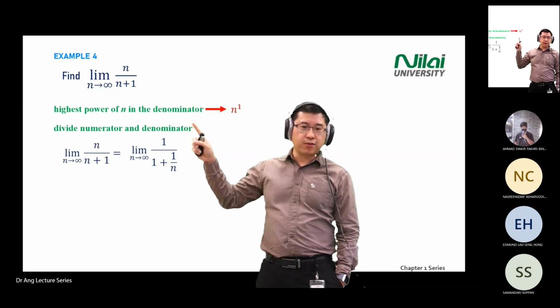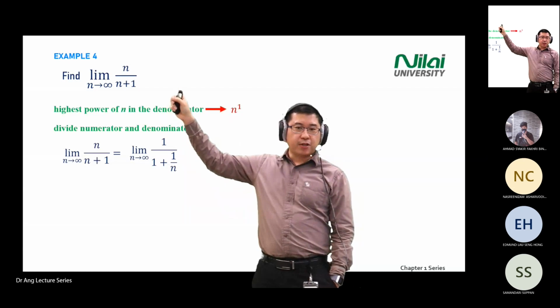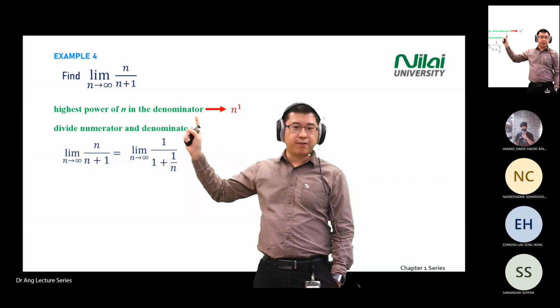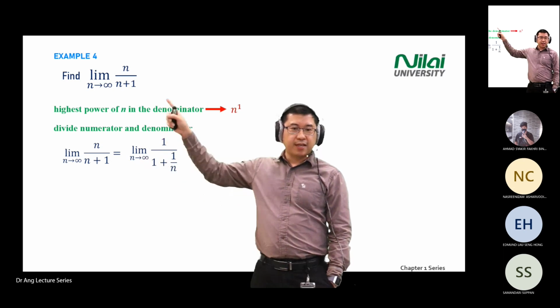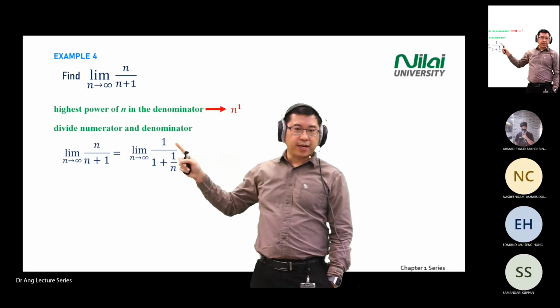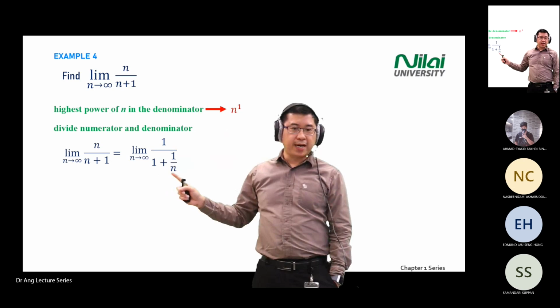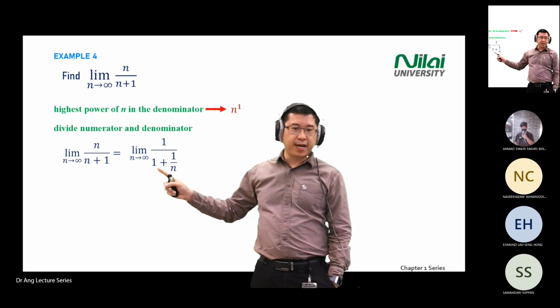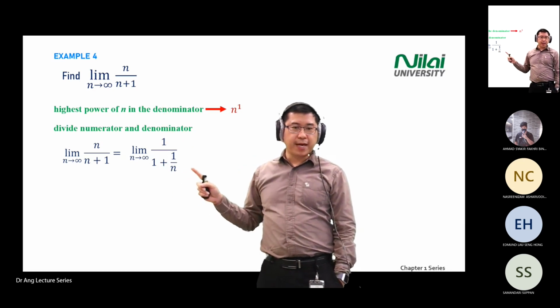Here, on the top, n divided by n becomes 1. Below, n plus 1, the whole thing you divide by n. The first n divided by n gives 1, and 1 divided by n gives 1 divided by n.